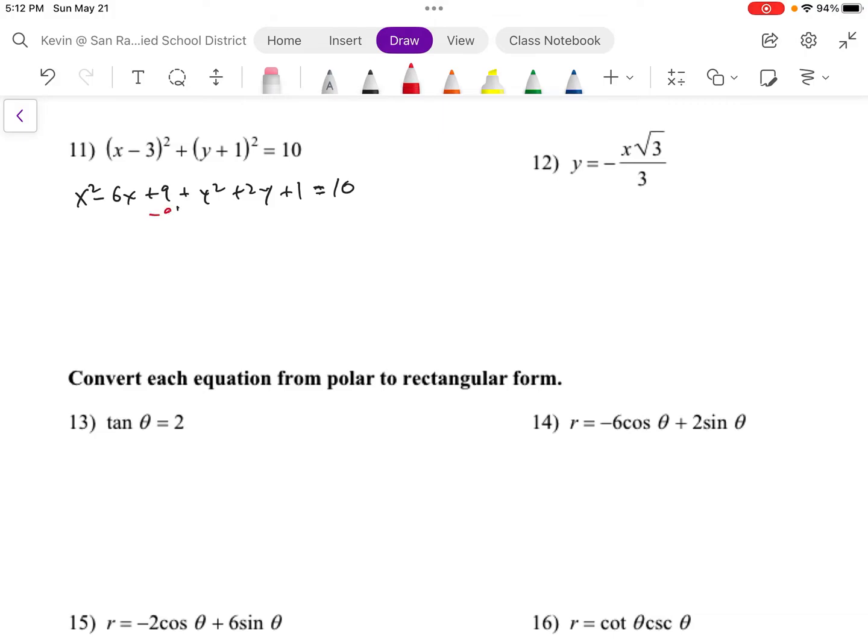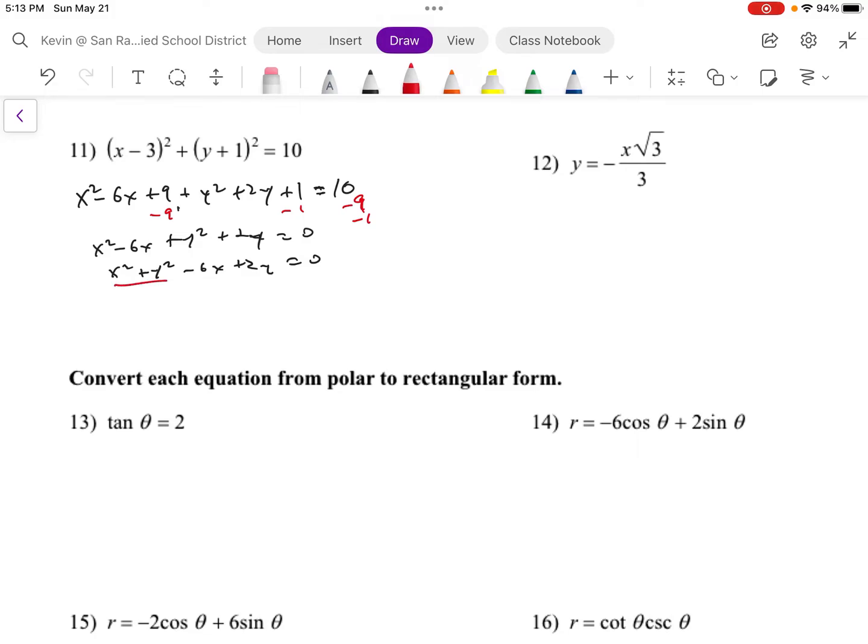All right, now again, we're going to subtract 9 and subtract 1 from this side, minus 9, minus 1. So this now gives us x squared minus 6x plus y squared plus 2y equals 0. Put our x squared plus y squared together, minus 6x plus 2y equals 0.